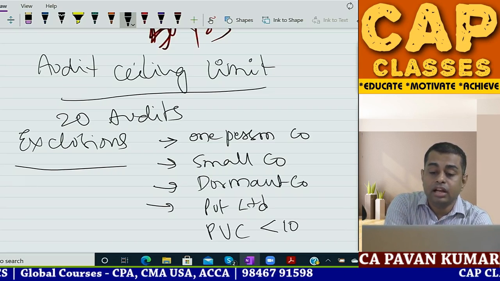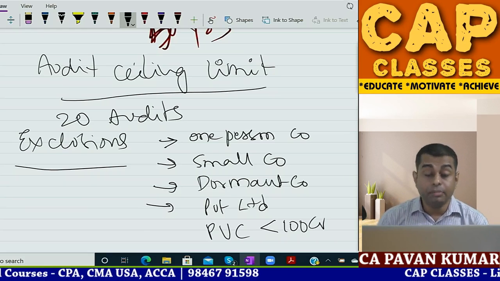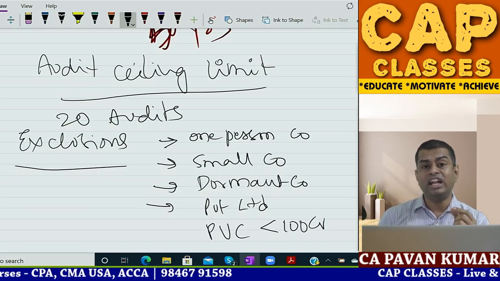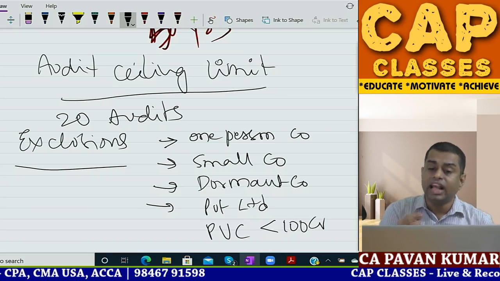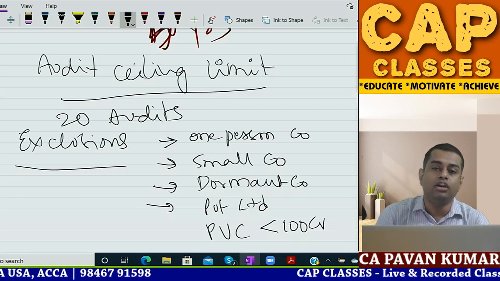Paid up capital less than 100 crores. That means, Pavan sir, can I have 25 audits wherein 10 audits belong to this category? Yes, then the specified number of audits is 15 only, no?